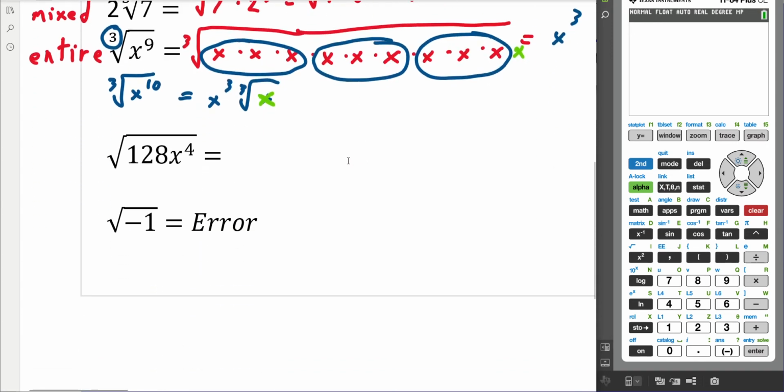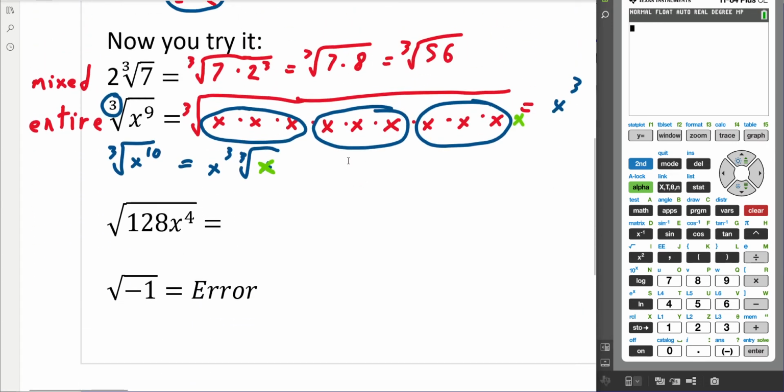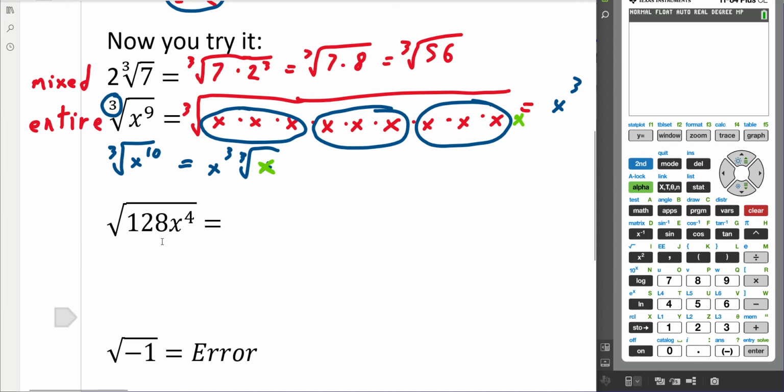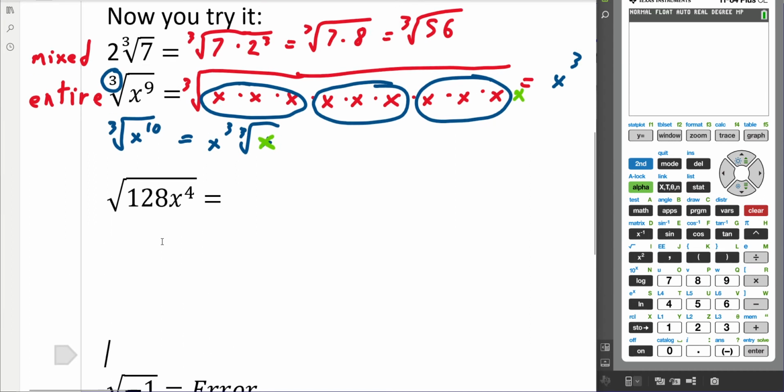Okay, so here's the last and hardest example for this topic here. So square root 128 and x to the 4. So what we're going to do is, first of all, find the factor tree of this guy, which is going to be, I don't know, so I'm going to put in what I can do, which is 2.